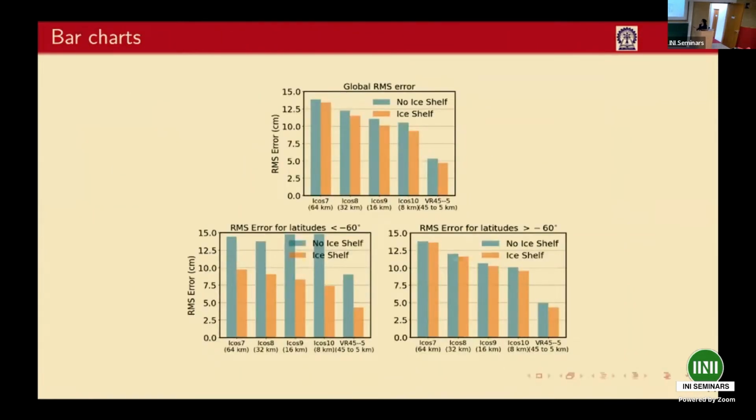Then we had some bar charts which show that the errors reduced drastically in the Southern Ocean due to the inclusion of ice shelves.